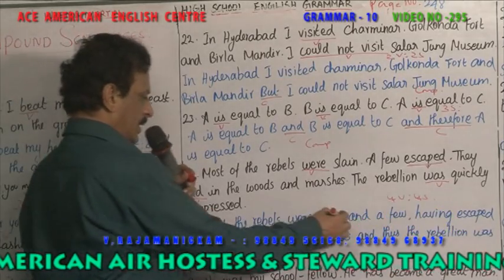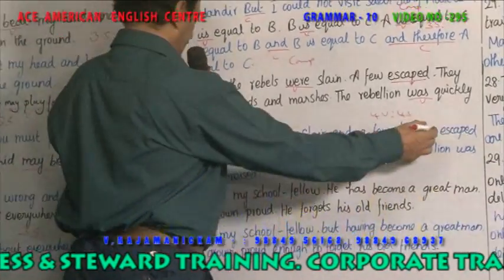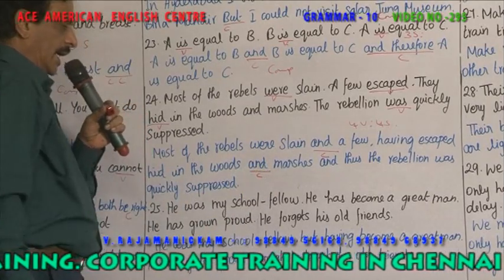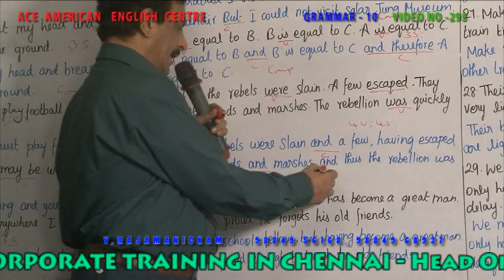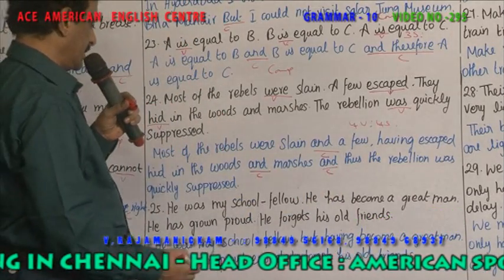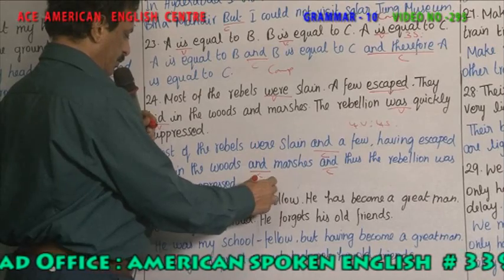Most of the rebels were slain, and a few having escaped hid in the woods and marshes, and thus the rebellion was suppressed. Here and is the conjunction. So using conjunctions you are getting a compound sentence.